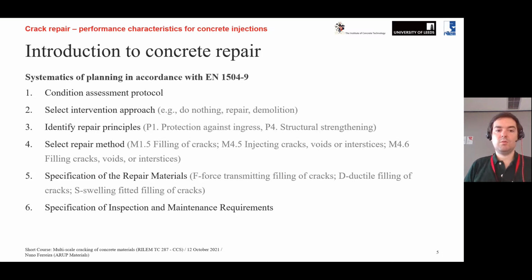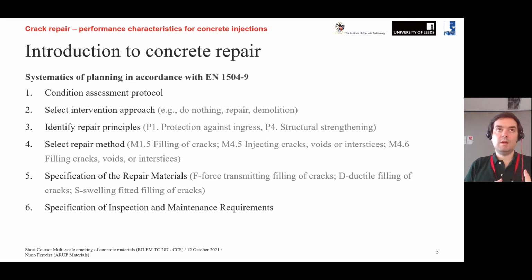Once we go through the principles and the repair methods, we can then start to specify the repair material in more detail. For example, do we want a repair material to just allow transmission of forces across the cracked surfaces? Do we want a material that is a little bit ductile and allows movement, or do we want something that swells upon contact with water?